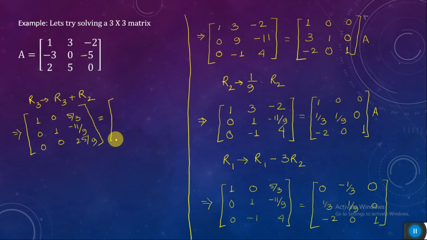Let's look at the right hand side. So row 1 you keep as it is, minus 1 by 3, 0, 1 by 3, 1 by 9, and 0, but row 3 has to be changed. So row 3 is row 3 plus row 2, so minus 2 plus 1 by 3, which is 3 LCM, minus 6 plus 1, which will give me minus 5 by 3. So minus 5 by 3, you're getting.